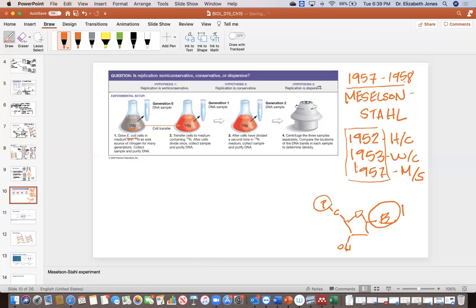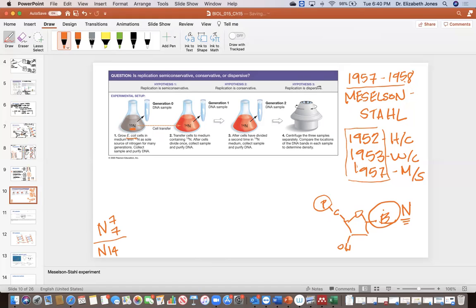They are full of nitrogen, okay? And the thing about nitrogen is that there are a couple of different isotopes of nitrogen. Normal nitrogen has 7 protons and 7 neutrons. And so we call this N14. This is a normal nitrogen atom that you would find in a normal molecule of DNA.